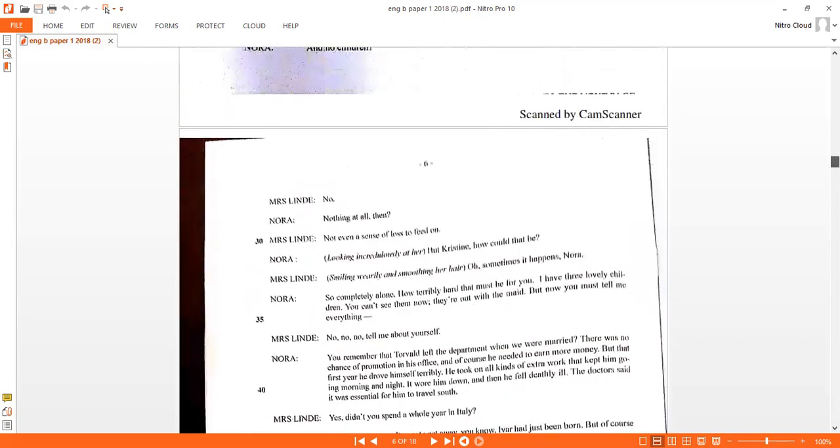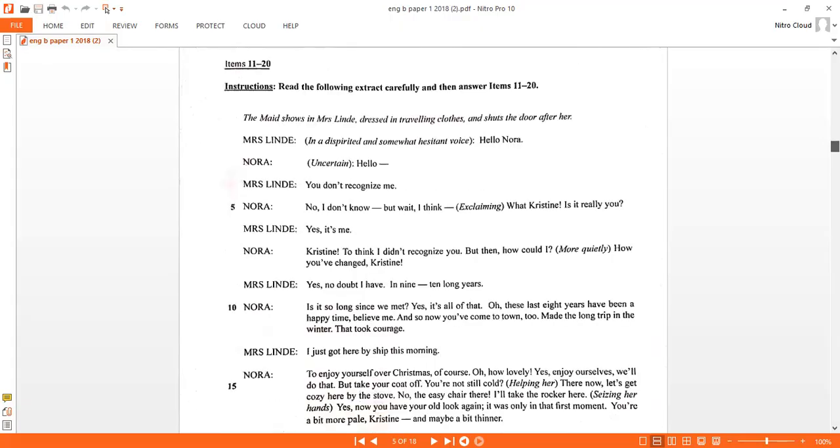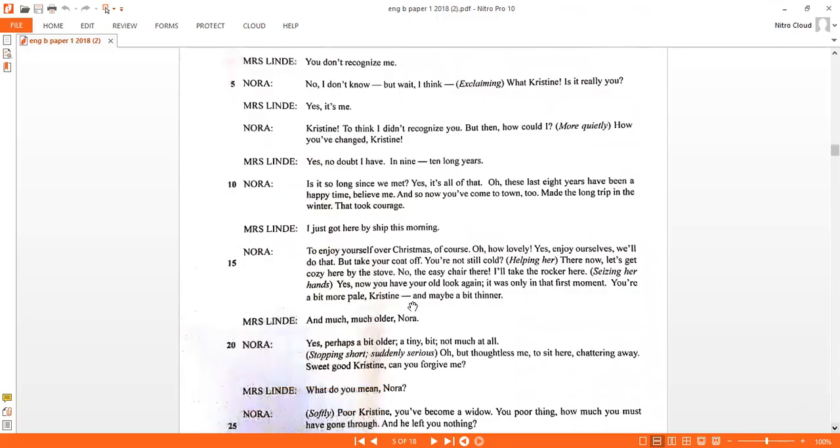If we go up into the extract, it's one of those very long extracts, we see where she says, it's been so long since we've met. Then she continues, let me go down just a little bit more. She says to enjoy yourself over Christmas, of course.